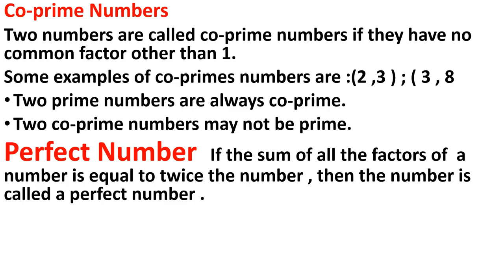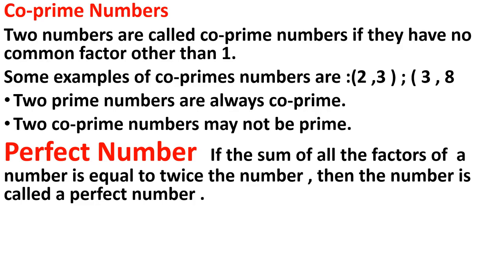If that sum is equal to twice the number, that number multiplied by 2, then the number is called a perfect number.